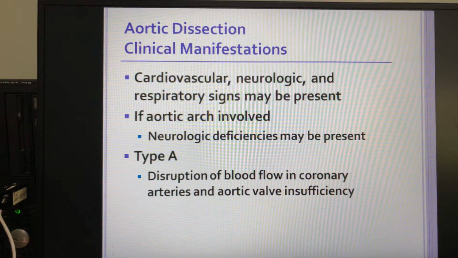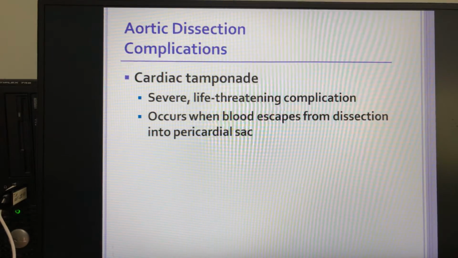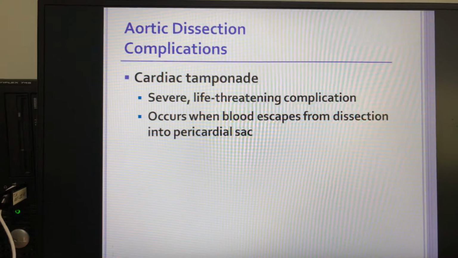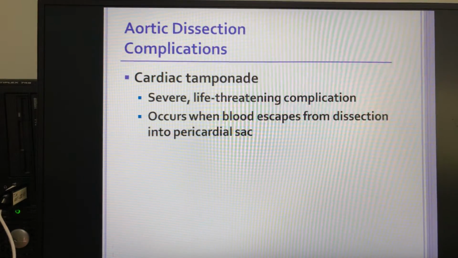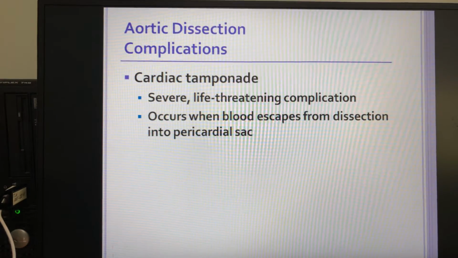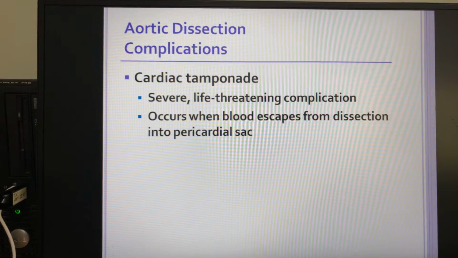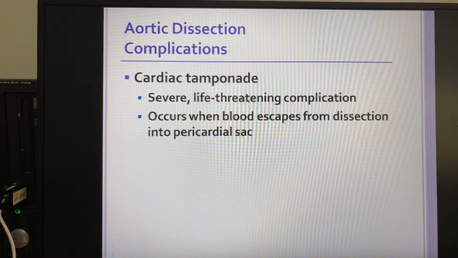And it talks about the development of cardiac tamponade, which you already have had a clinical case with. Tamponade is a severe life-threatening complication, and it occurs when blood escapes from the dissection into the pericardial sac.